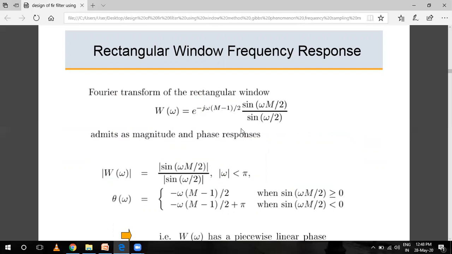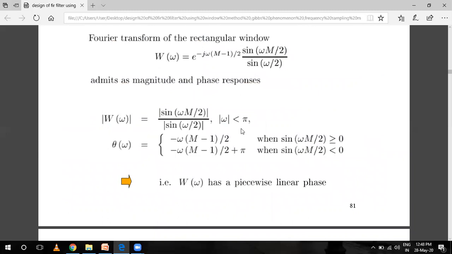The phase and magnitude response is like that. So find out its magnitude.